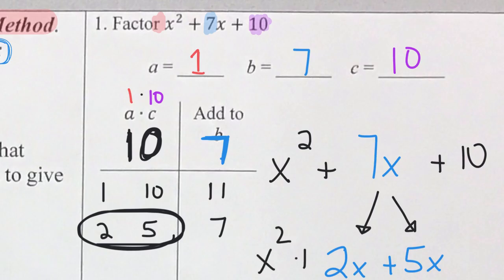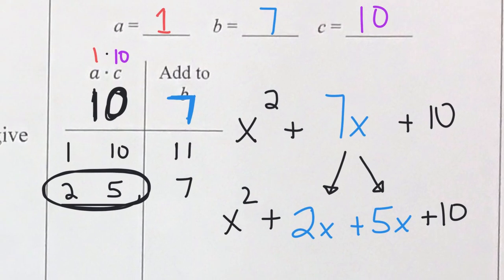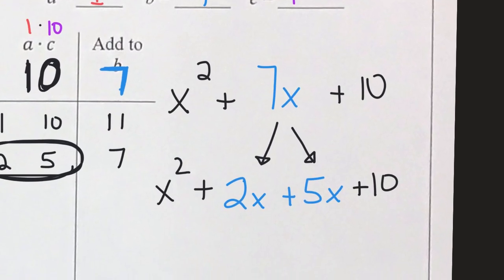So we are figuring out those numbers so we can replace. We're going to rewrite 7x as 2x plus 5x. And those numbers come from your products, the ones that multiply to give you 10 and add to give 7.